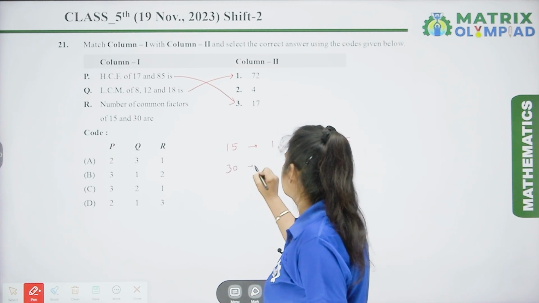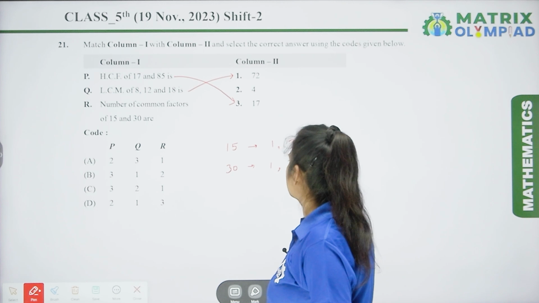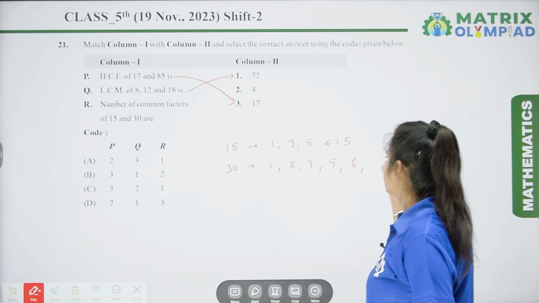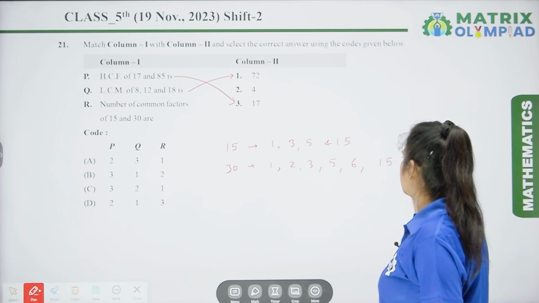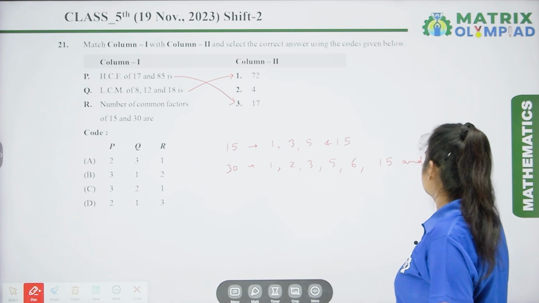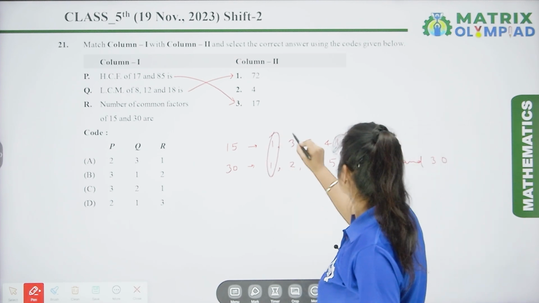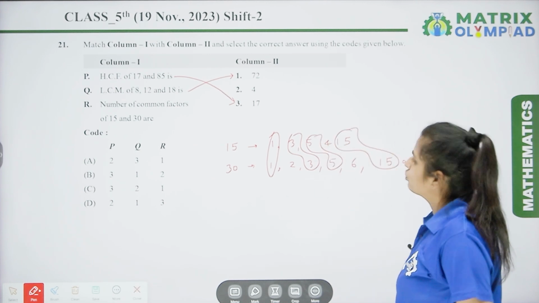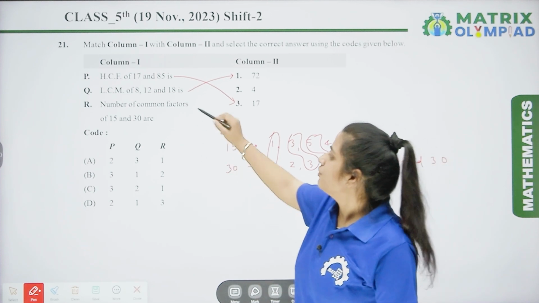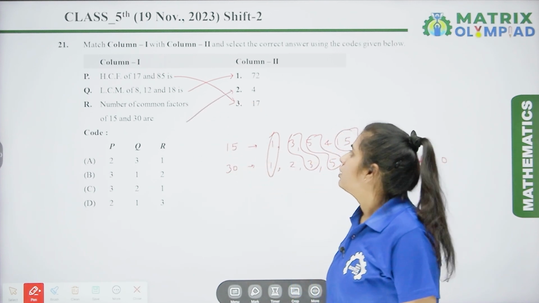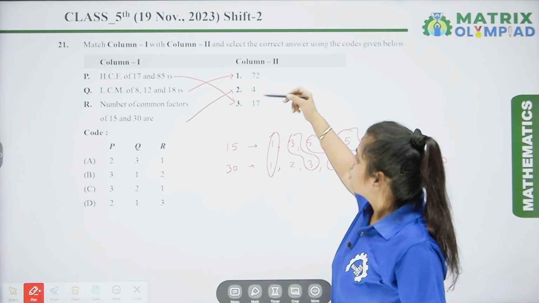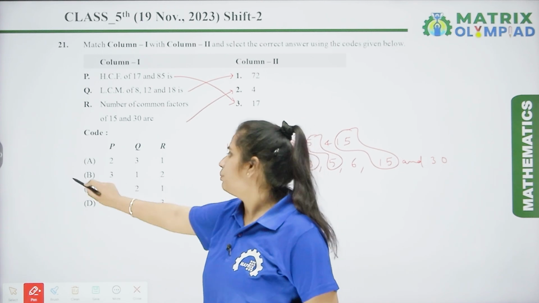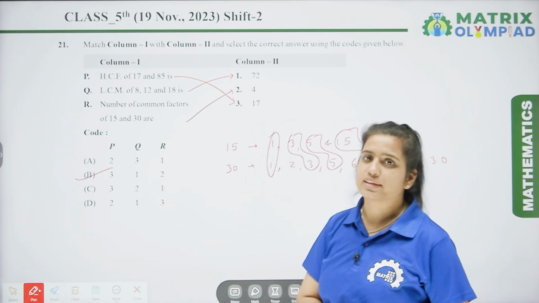Factors of 30 are 1, 2, 3, 5, 6, 10, 15 and 30. The common ones are 1, 3, 5 and 15, so we have 4 common factors. So the sequence is 3, 1, 2, which is in option B. Option B is the correct answer.